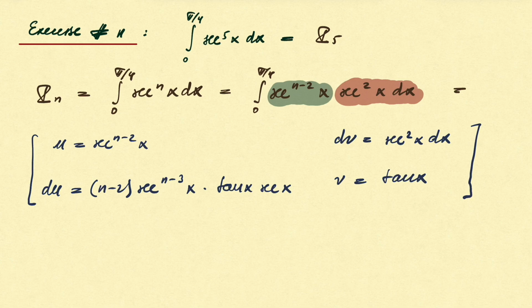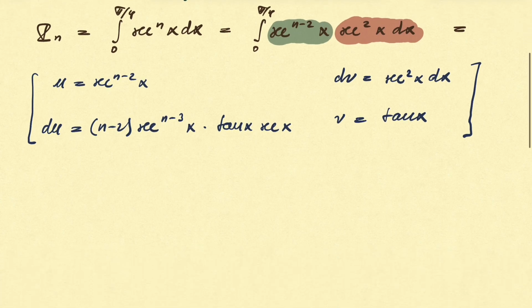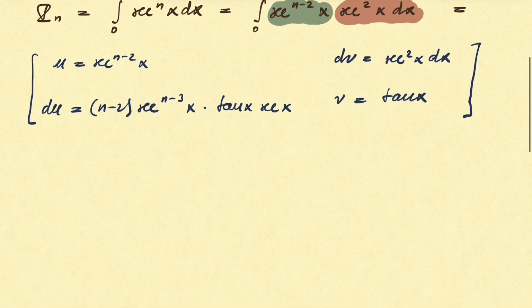Okay, now this integral is equal to what? Let's remember integration by parts. We need to obtain a form of uv minus, what? Minus the integral of v du.